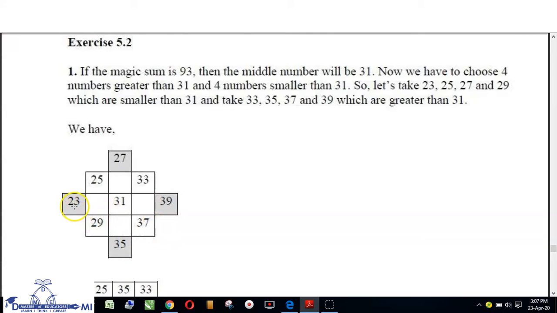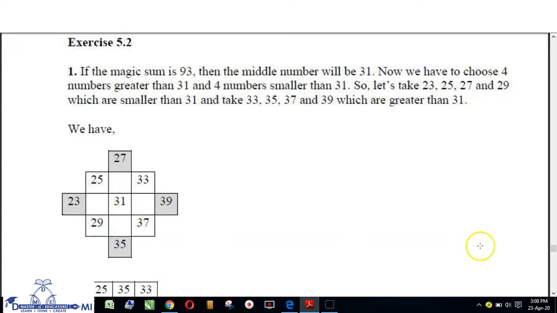Then we know we have to swap these numbers. We will take 23 to the opposite blank box on the right, and we will take this 39 to the left blank box. Similarly, we will take the top number 27 to the opposite below 31, and this 35 that is at the bottom, we will take it up above 31.